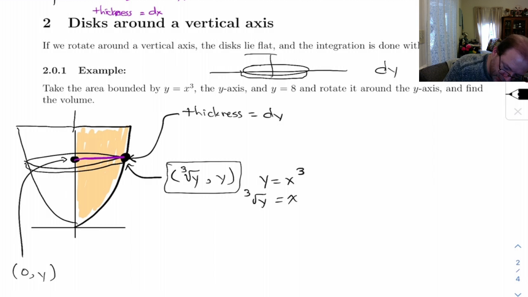And so the radius is just the length of that purple line. From here to here, it's the difference in the x coordinates. So the radius in this case is cube root of y minus 0, or just cube root of y.